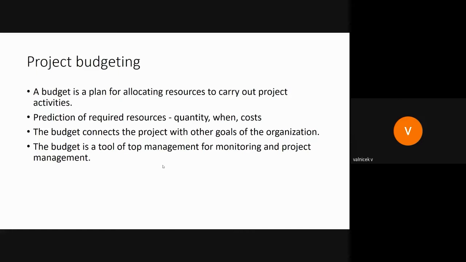Project budgeting. A budget is a plan for allocating resources to carry out project activities. It is a prediction of required resources, quantity, when, costs. The budget connects the project with other goals of the organization. The budget is a tool of top management for monitoring and project management.